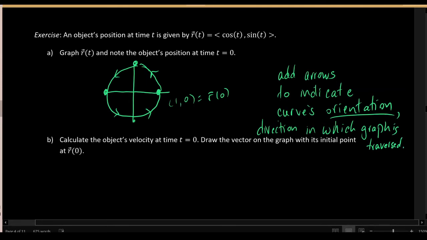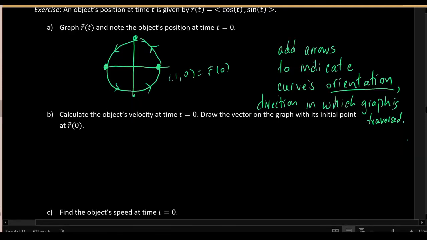They say, okay, so if r of t represents the object's position, I'm interested in the object's velocity. I want to know at any given time, first of all, how fast the object is moving. Second of all, in what direction the object is moving. And for vector-valued functions, it's exactly the same as for real-valued functions.